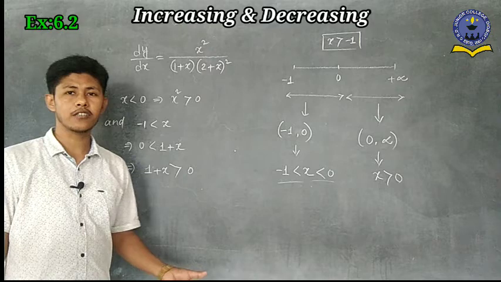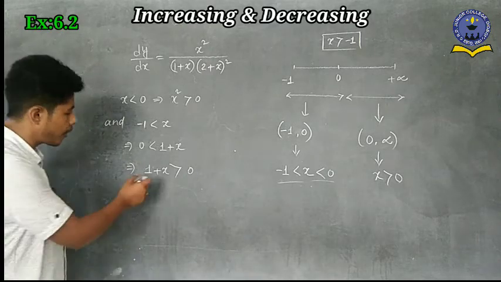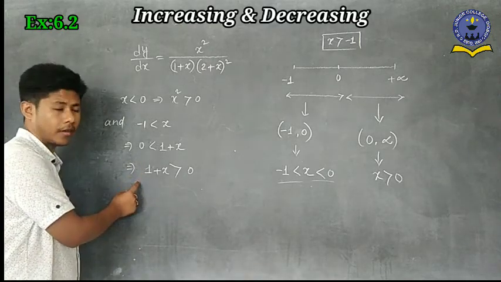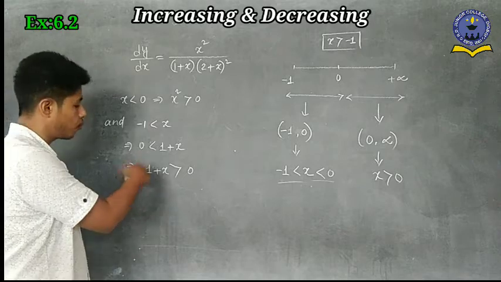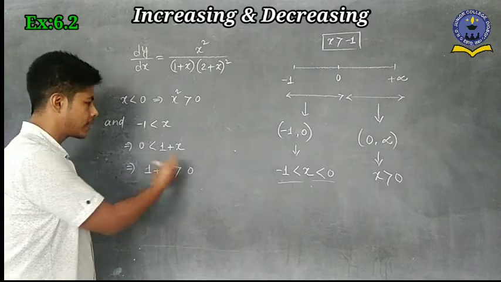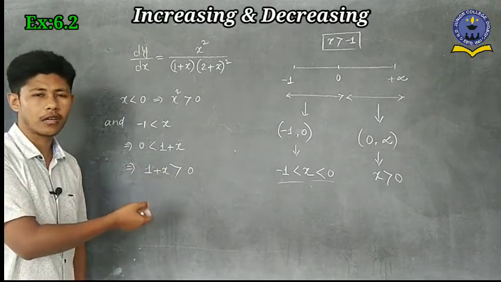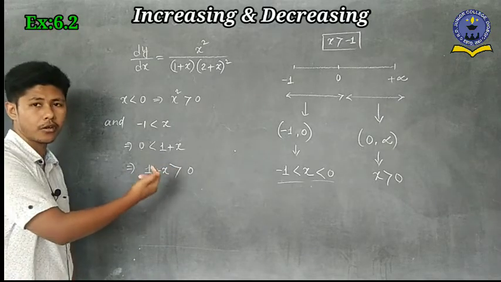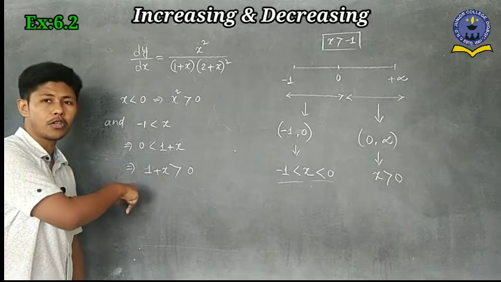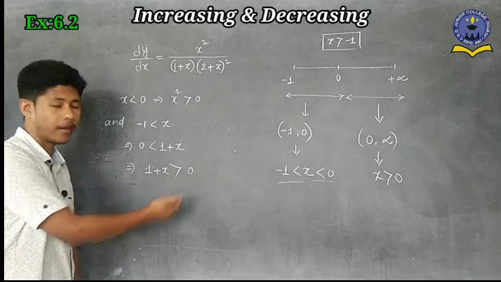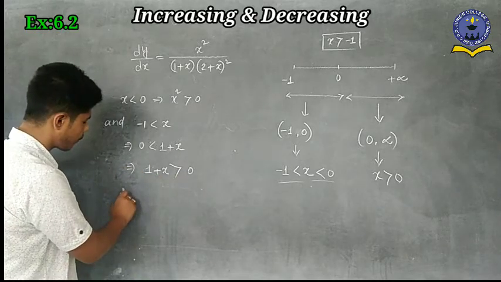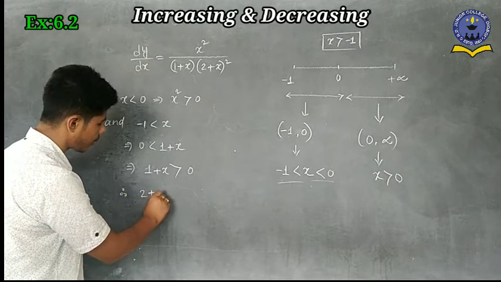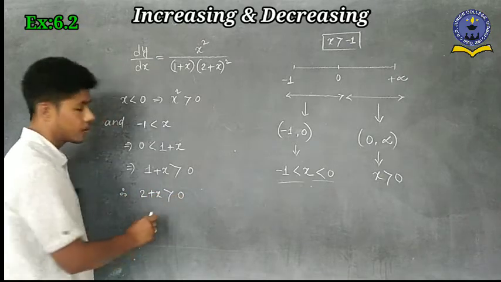If 1 plus x is greater than 0, and we add another 1 here, 2 plus x, then obviously it is greater than 0, is not it? Therefore from here we can say 2 plus x is also greater than 0.